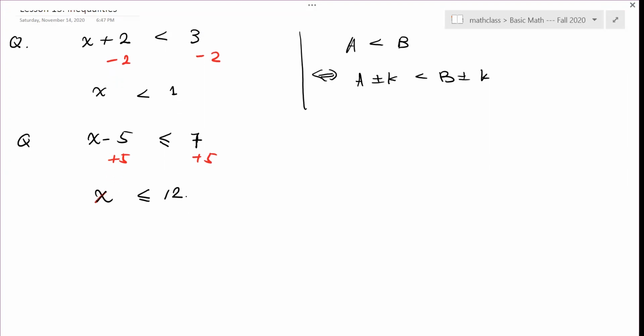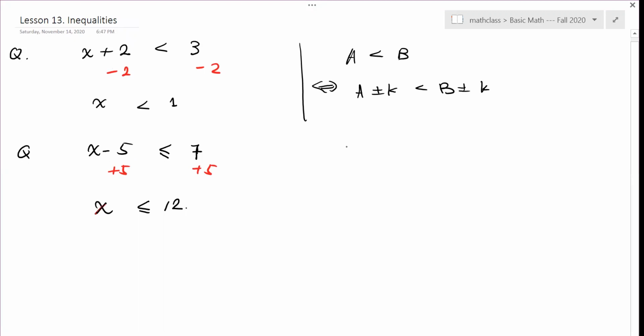Okay. So when you add a constant to both sides, you will still keep the same inequality, less than or equal. Yeah. So let me say if a is less than or equal to b, then if you add a constant or subtract a constant from both sides, you are not going to change the direction of the inequality.